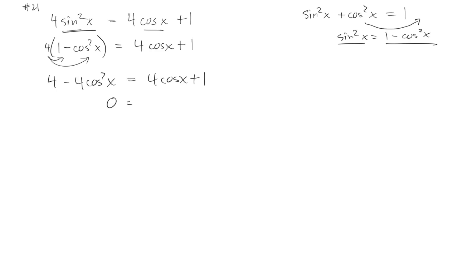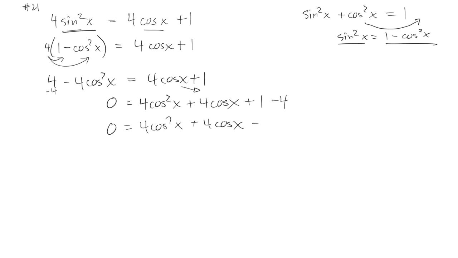I'm going to move this minus 4 over so it'll become positive 4 cos squared x. I'll leave this positive 4 cos x right where it's at. And then I have a plus 1, and now we'll subtract 4 on each side. Okay, so I've got 4 cos squared x plus 4 cos x minus 3.